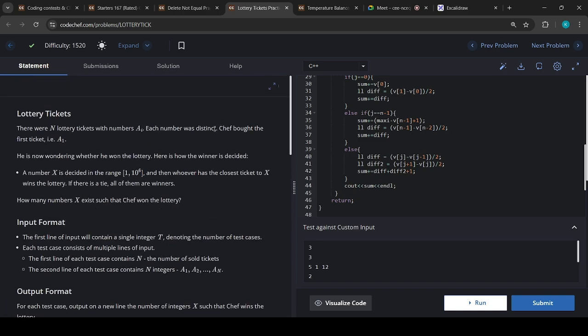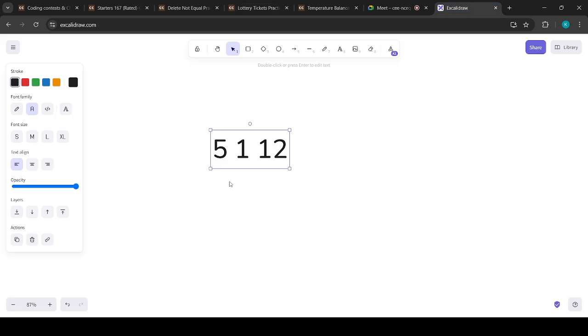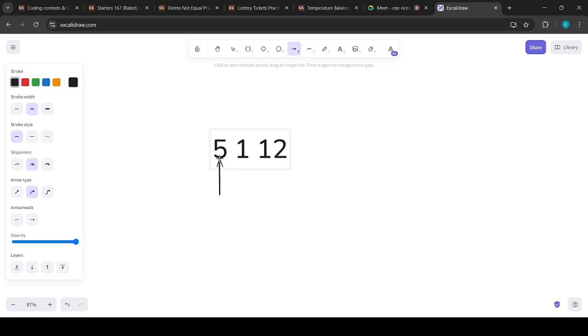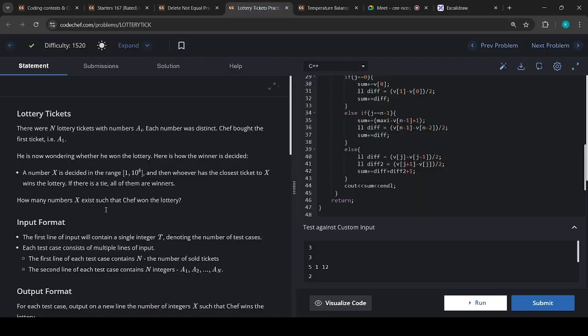Chef bought the first ticket, which is number 5, and we want to find how many numbers X exist such that Chef won the lottery.